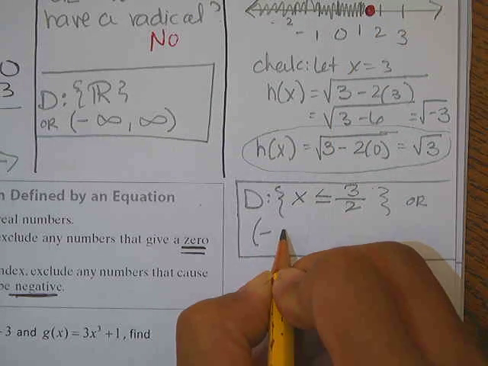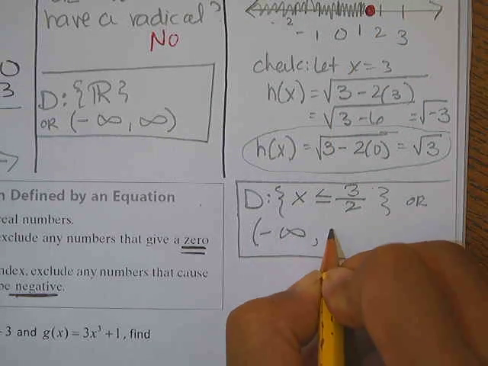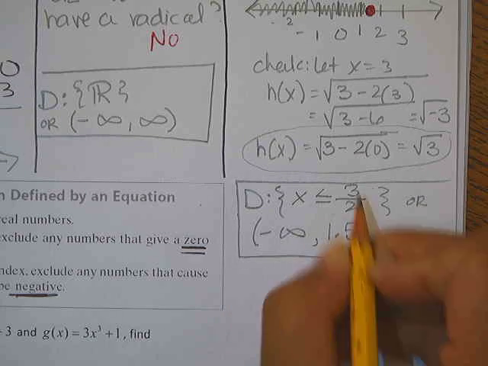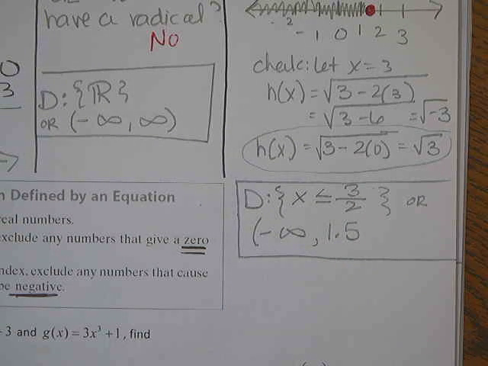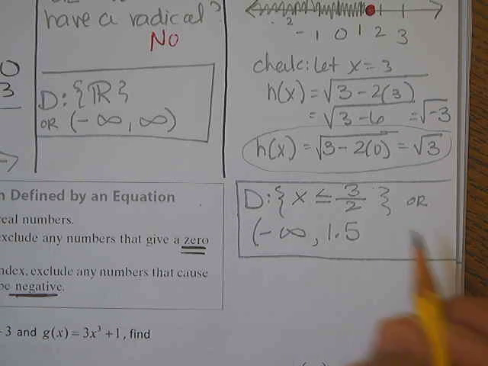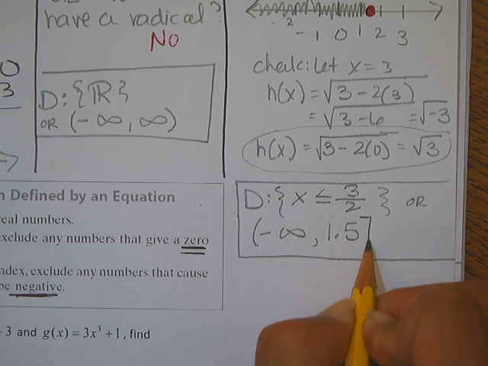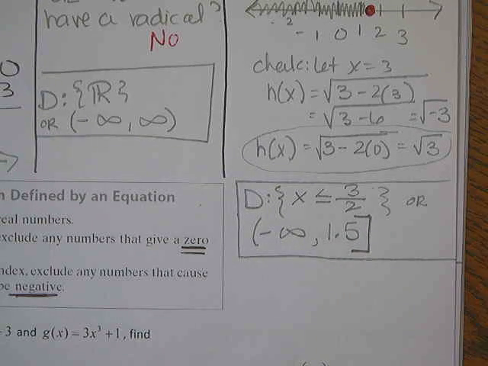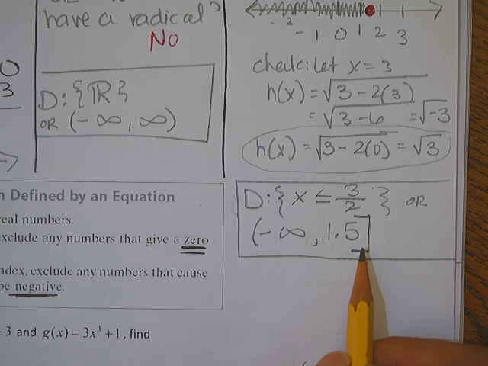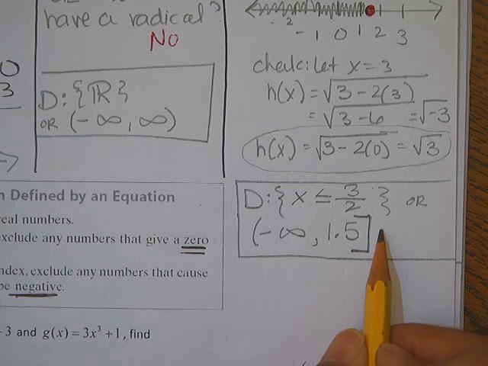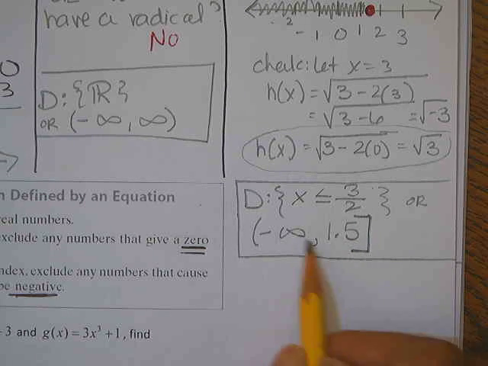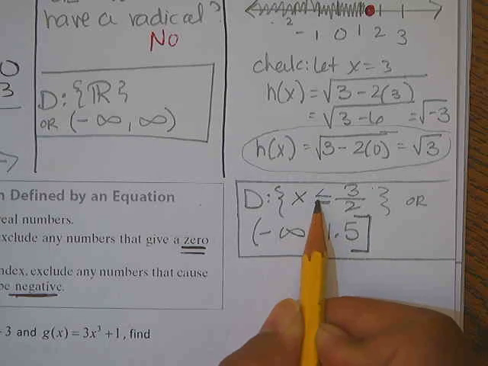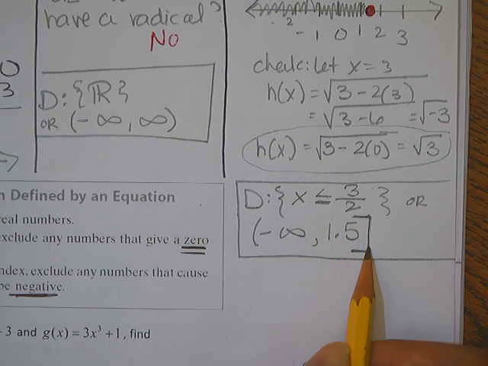So -infinity to 1.5, or 3 over 2. Notice how I'm really flexible on how you write your answer. Now, different notation. I'm going to use this square bracket. The square bracket means I am including 1.5 in my domain. Notice how this is inclusive? So that's why this is a square bracket.